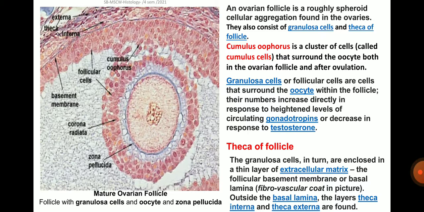All the labelings, you can just have a look at the region of theca externa, theca interna with blood capillaries and also fusiform cells. Then follicular cells are very clearly seen in this particular section of the part of Graafian follicle or mature ovarian follicle. Fine.